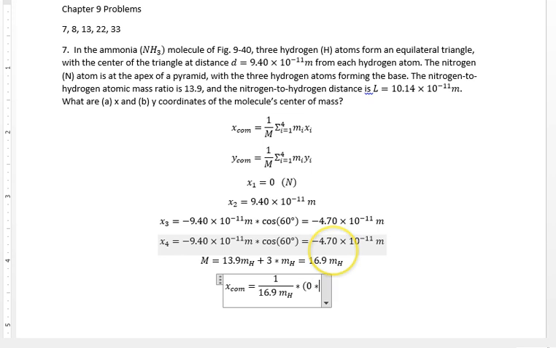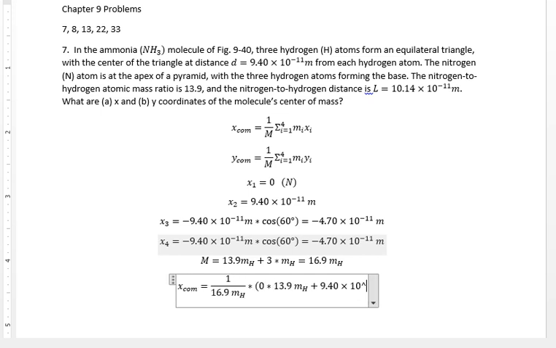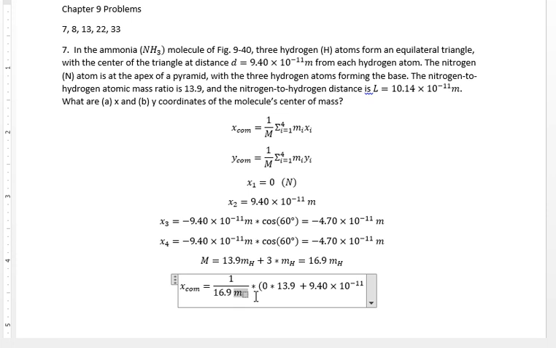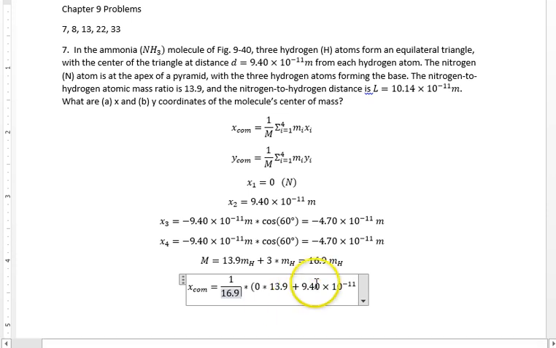So 0 times 13.9 hydrogen masses plus 9.40 times 10 to the minus 11th. And I'm going to go ahead and factor out the hydrogen mass, since you can see it's going to factor out everywhere. I'll just make my life a little easier and take it out.